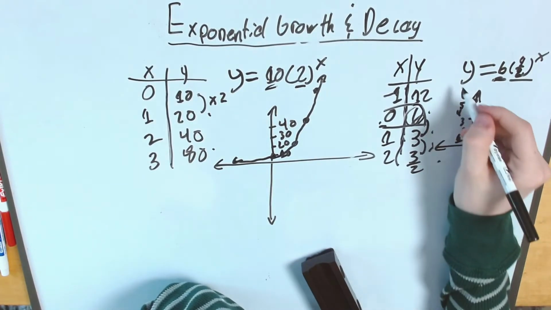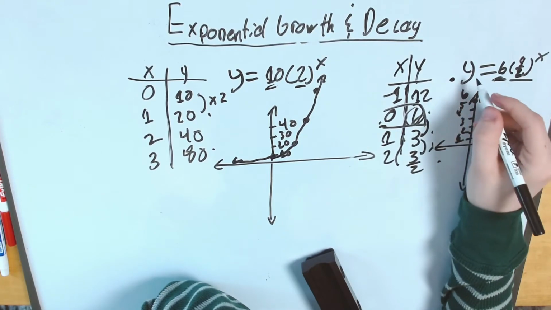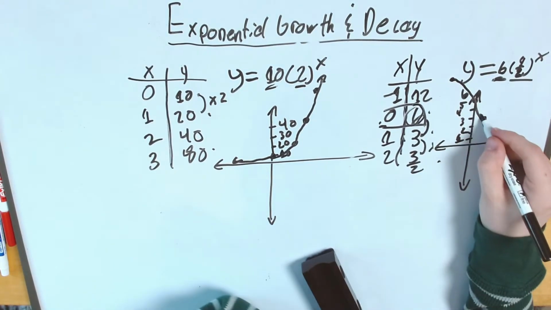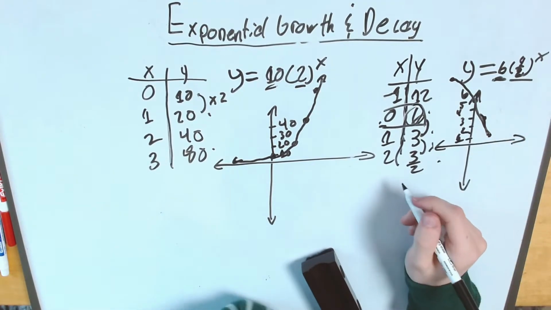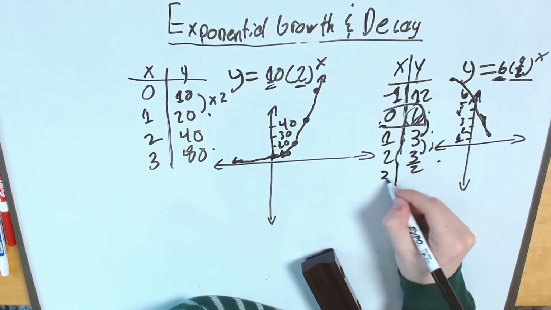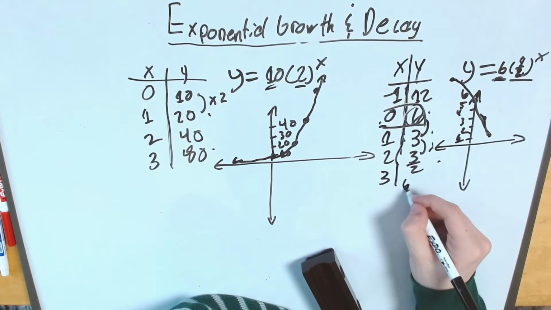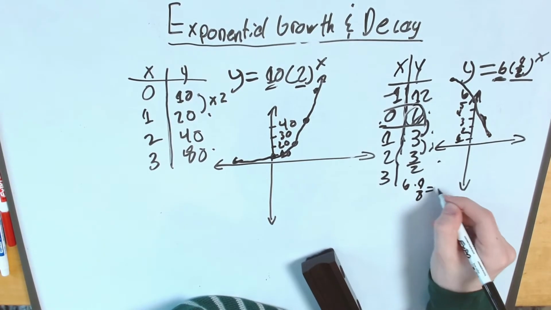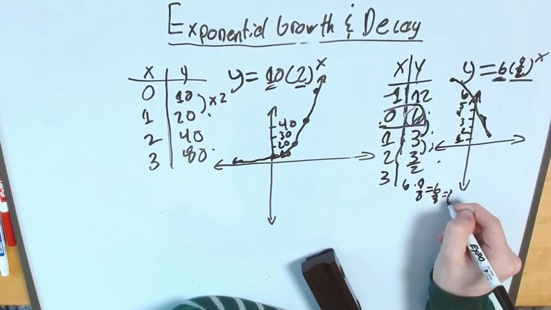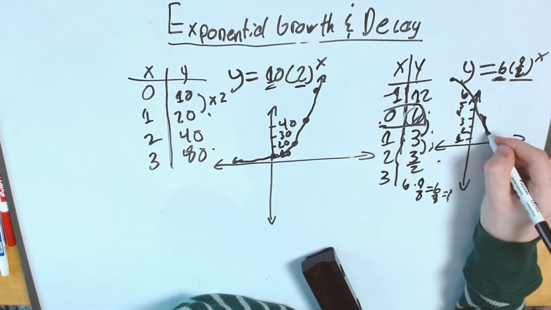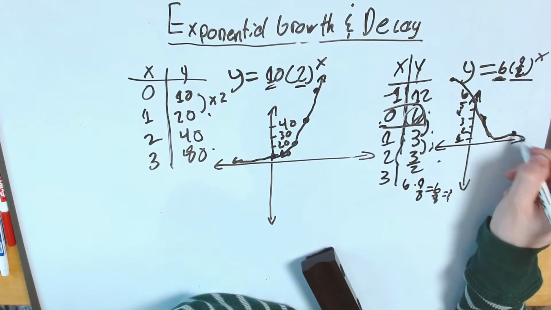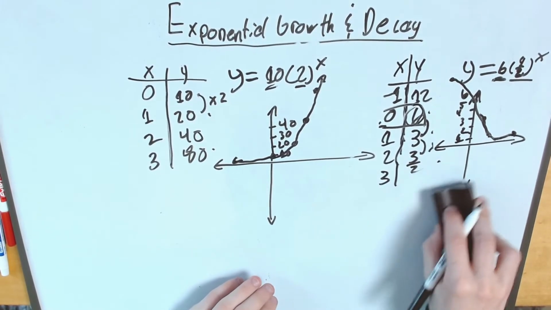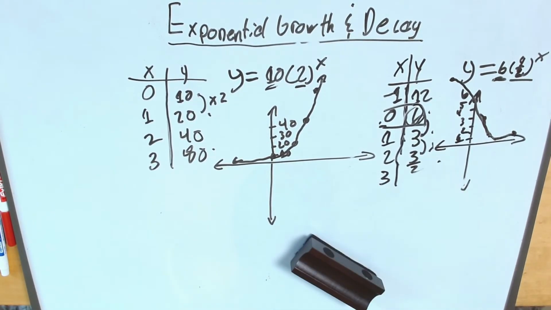And of course, if I would go to -1, I was at 12, right? So it looks a lot like this. And then of course, if I go further and say, okay, let's say 3, well, that's 6 times 1/2 to the 3, which is 1/8. That's 6/8 or 3/4, which is less than 1. So it's looking like this. And of course, we get closer and closer to 0 as we go on. But of course, we can't reach 0 for reasons we already discussed.